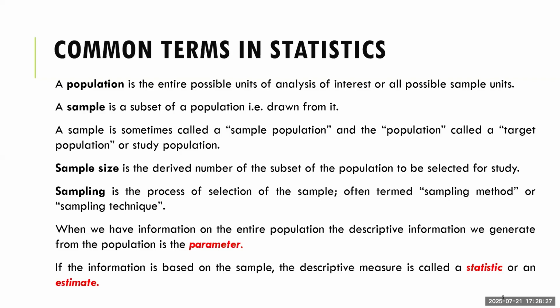We make use of the sample estimate to make inferences on what the population parameter will be. That is important to note. In this slide, I've talked about population, sample, the population parameter, the sample estimate, and how the sample estimate is used to make inferences on the population parameter.